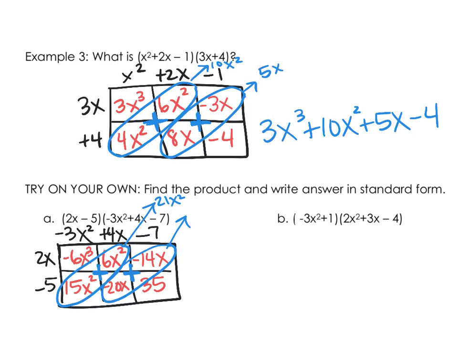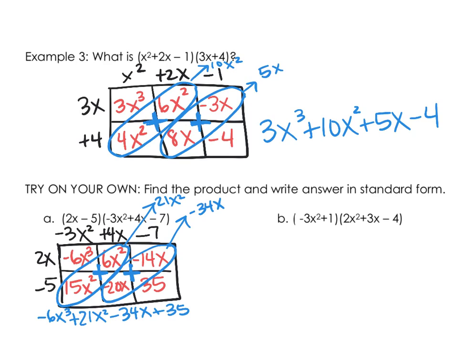And then negative 20x plus a negative 14x is going to be negative 34x. So now that I have all my like terms together, let's write our answer. Negative 6x to the third, a positive 21x squared, a negative 34x, and a positive 35. Make sure your answer is written in standard form, which it is, so we are done.